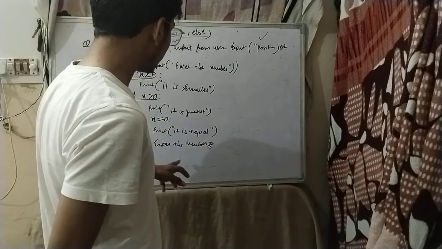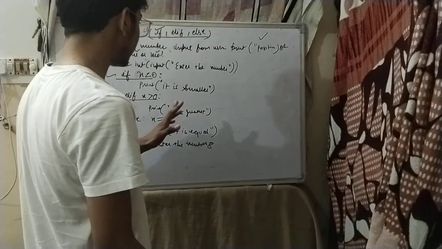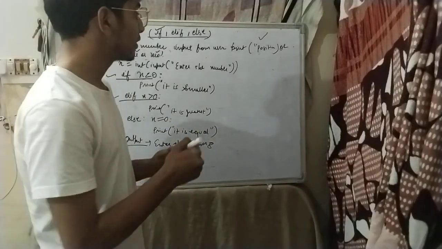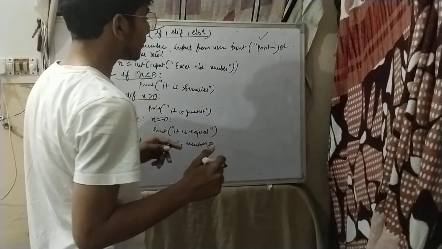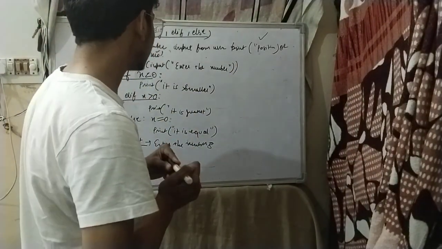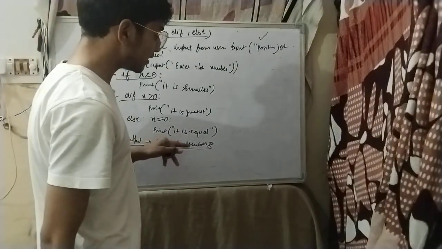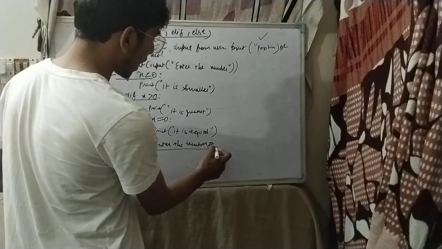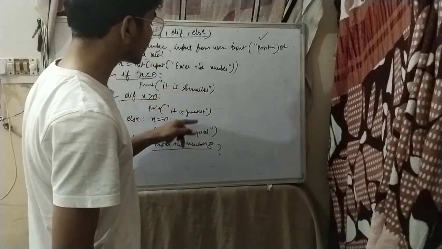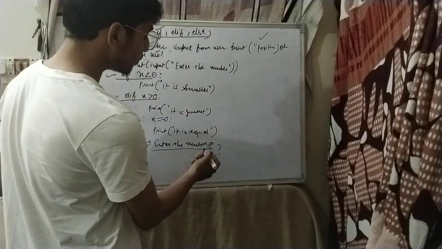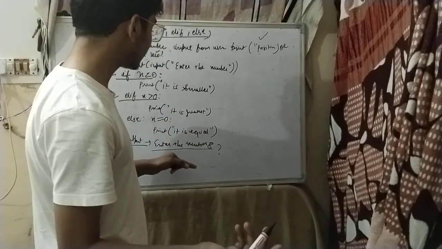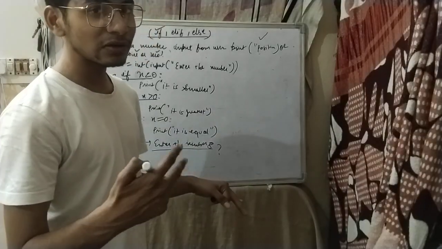So what is the problem right now? You will find the problem. What is the problem in this code? For example, right now I write enter the number 8. So how can we check whether it is the smallest or greater? Greater than what? We need a statement of 2.